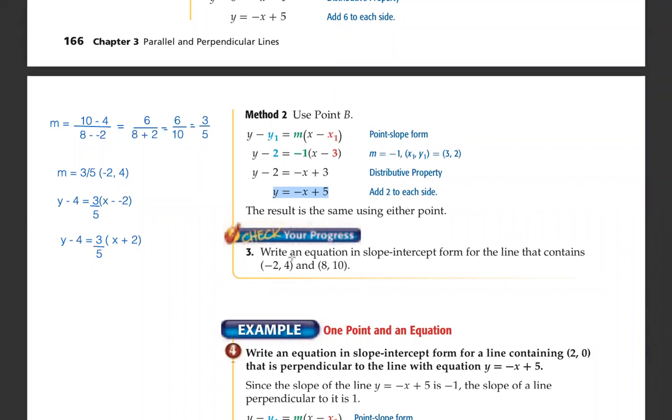Okay, we have to write it in slope-intercept form, so we have to distribute this 3 over 5 to the x and to 2. We're not changing anything on the left side yet. So it remains y minus 4 equals 3x over 5 plus 6 over 5.